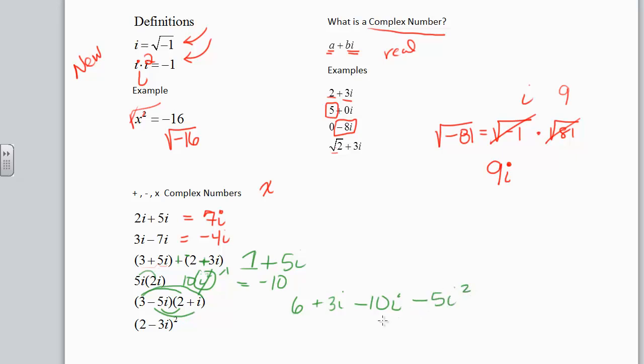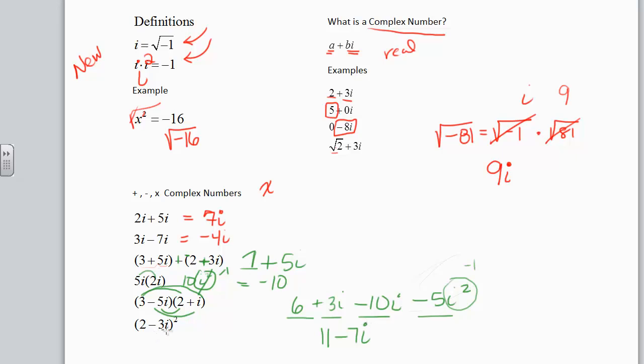Now you should end up with 4 terms, and I say this is real, imaginary, and going to be real. Why? Because this I squared is negative 1, and all it basically does is change the sign. So we have 6 and a positive 5 here, since I have a double negative, for 11, and I have 3i minus 10i to give a negative 7i.